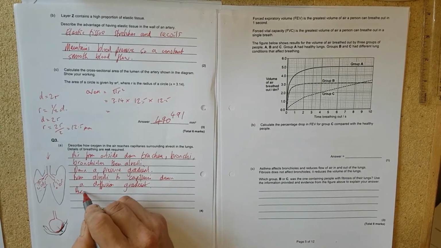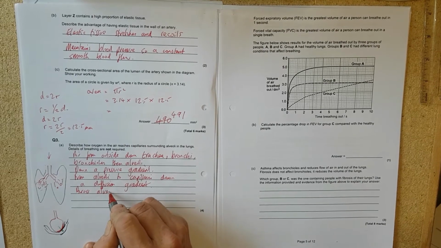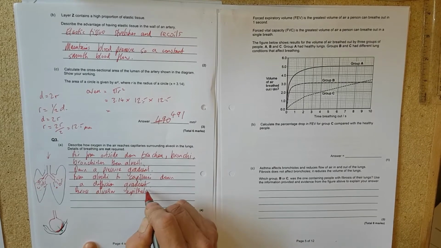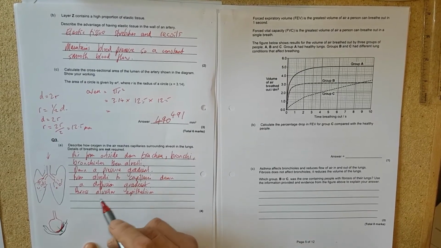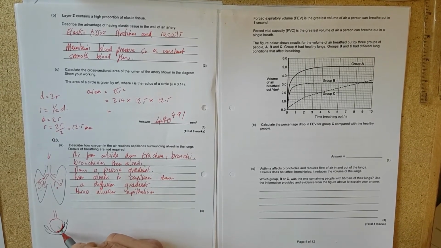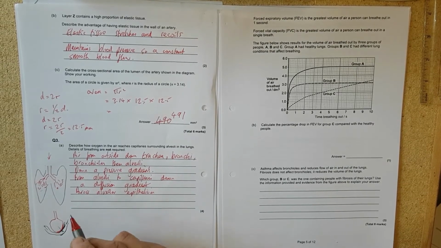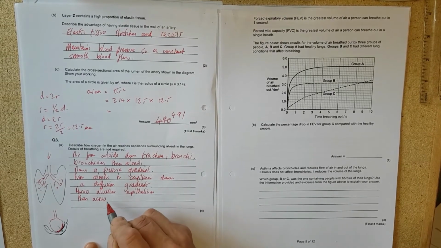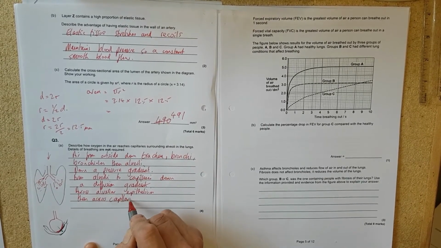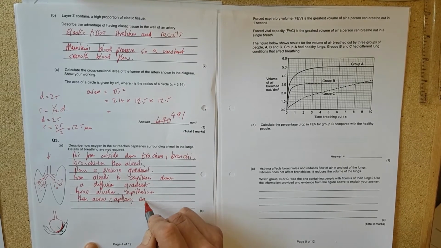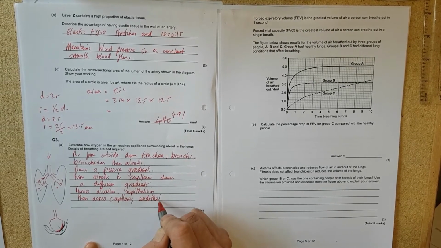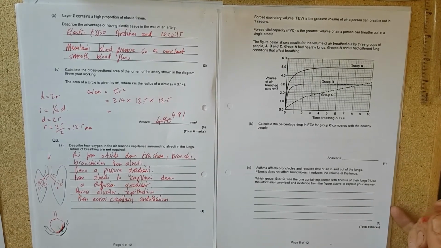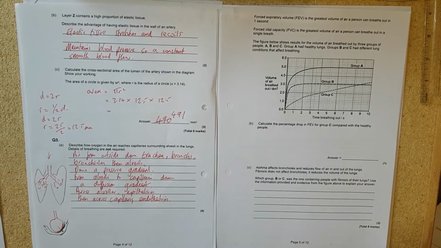So across alveolar epithelium, and then across the walls of our capillary, our endothelium, so across capillary endothelium. So we just need 4 out of those.